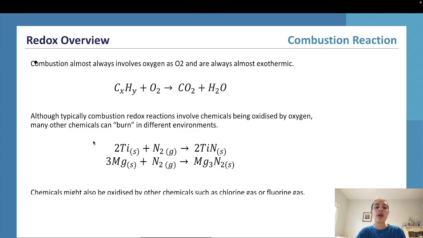You would be told that they're a combustion reaction if you were given those type of reactions. However, ones like these up the top, where you've got your typical hydrocarbon reacting with oxygen and producing carbon dioxide and water, you would be expected to know those are a combustion reaction because they're following that typical combustion reaction pattern and pathway.